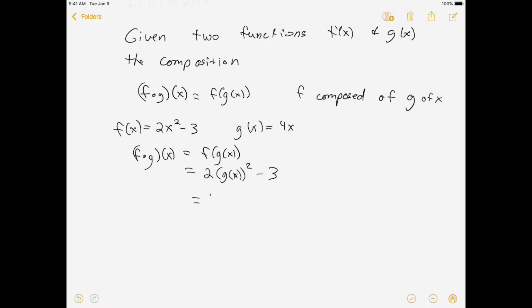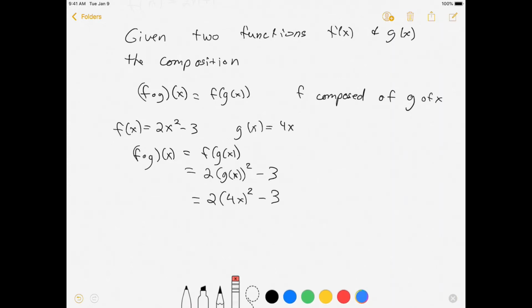Okay? Then let's change out g of x for what it is. So do it in 2 steps. Put g of x in on that step. Replace x with g of x, and then on the second step replace g of x with the function part. In this case, g of x was 4x, so we replaced it.